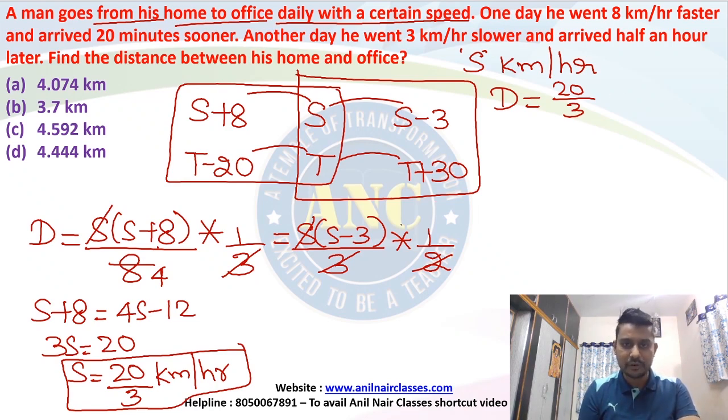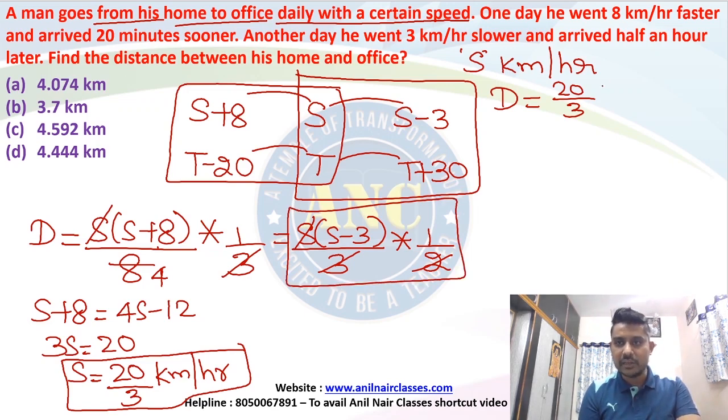Okay, let us calculate for the second equation. S is nothing but 20 by 3, into S minus 3, 20 by 3 minus 3. So it is nothing but 11 by 3 when you take the LCM. Whole thing divided by 3, multiplied by 1 by 2, or you can divide it by 2 itself.